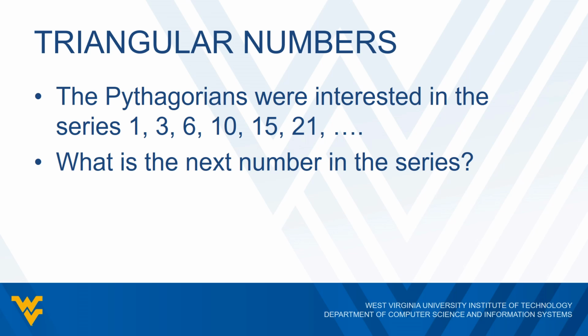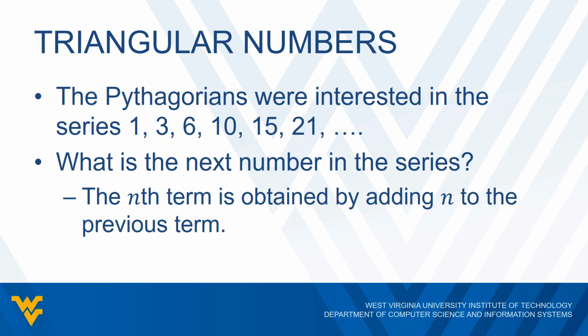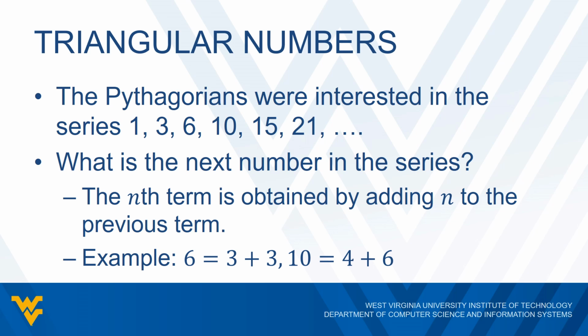In order to figure that out, you'd have to recognize what the pattern is for this series of numbers. What we find is that the nth term is obtained by taking the value n and adding it to the previous term. For example, to get 6, the third term, we take 3 and add the previous term, which was 3, so 3 plus 3 is 6.